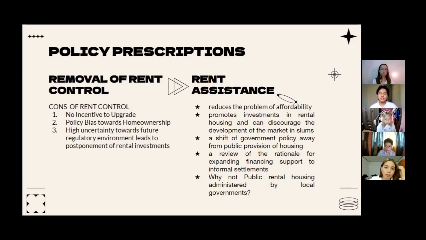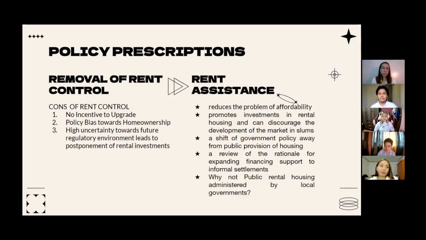Rental assistance also promotes investments in rental housing and can discourage the development of the market in slums, since the program can be confined to rental housing units on lands with formal or legal rights.